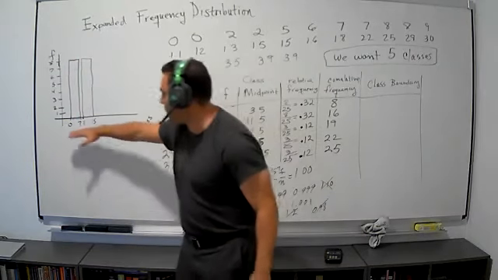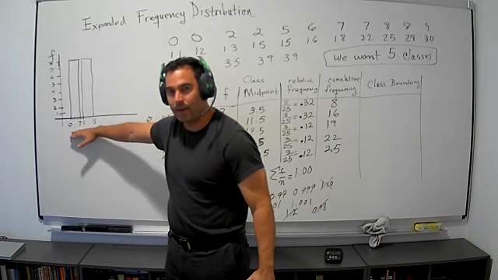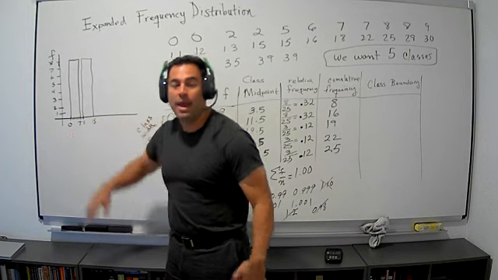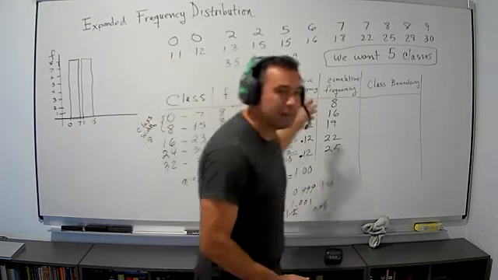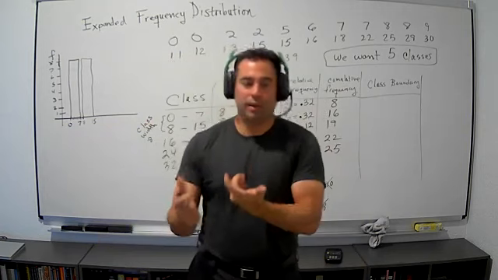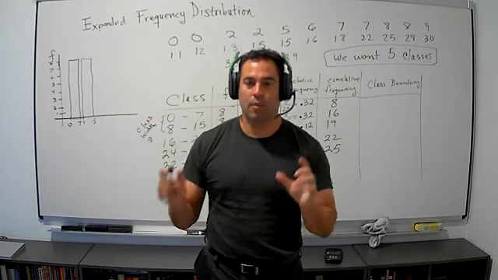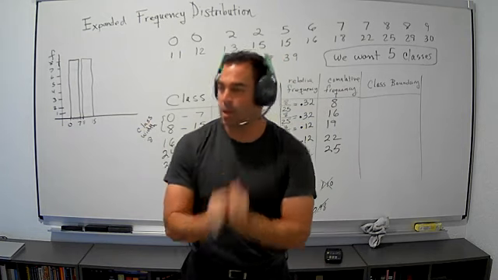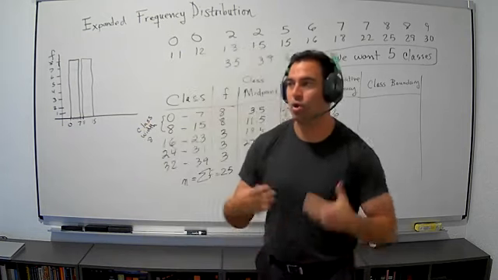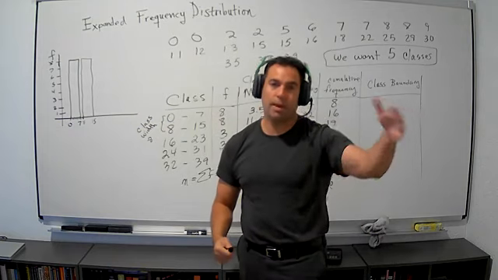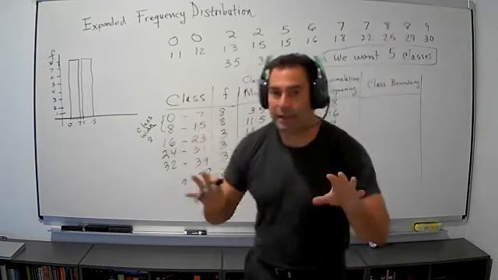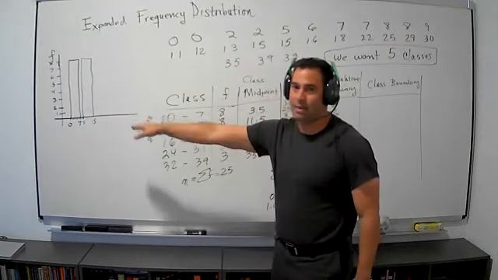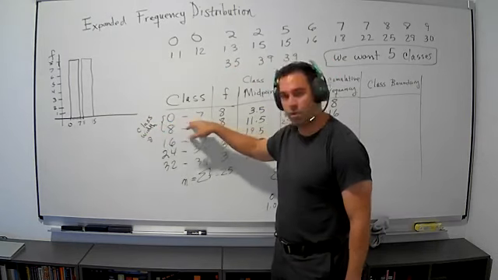The type of data we want for that is qualitative data. But when we have quantitative data, we don't want those gaps. We want to use a histogram. We don't want that discontinuity because we're trying to show the behavior. For quantitative data, like in this case, we can't have that gap. And this gap is being artificially created by our classes here.